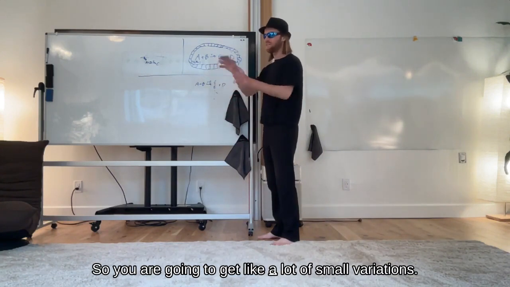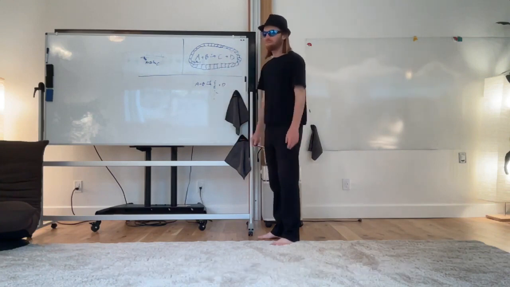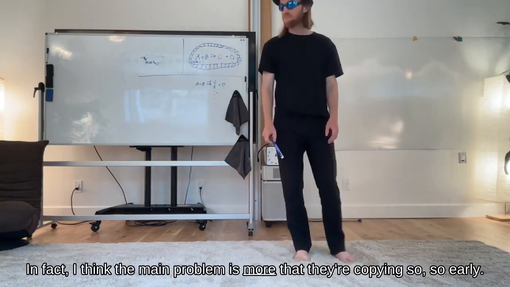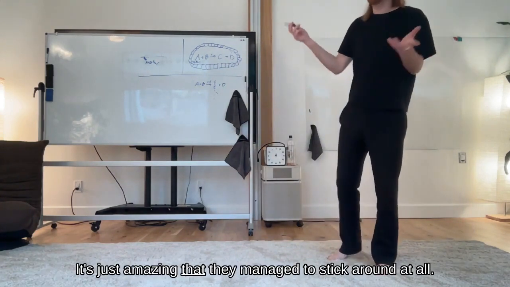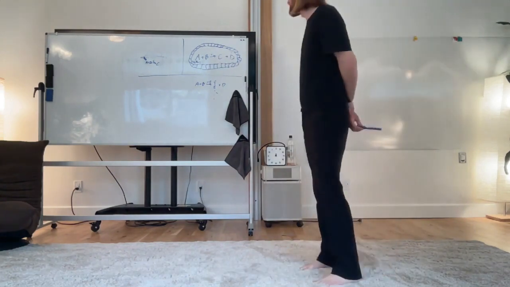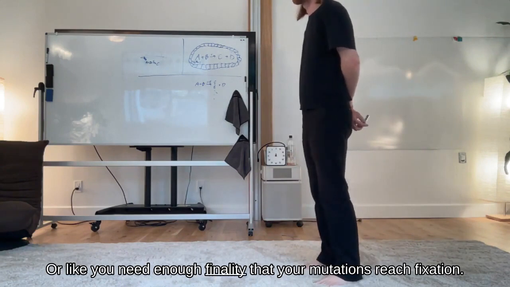So you are going to get a lot of small variations. Yeah. In fact, I think the main problem is more that they're copying so poorly. It's just amazing that they managed to stick around at all. Yeah. Or you need enough fidelity that mutations reach fixation.